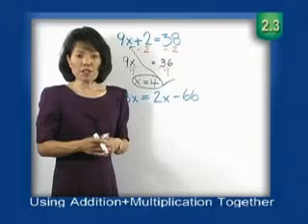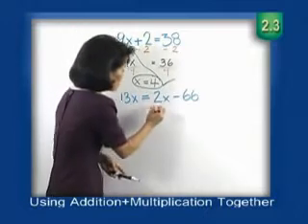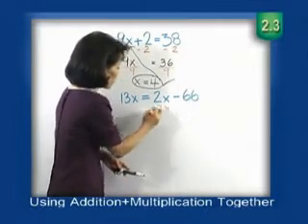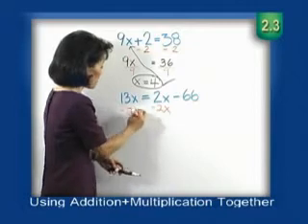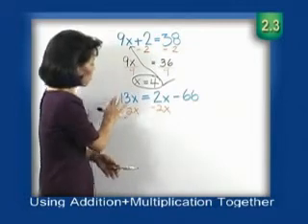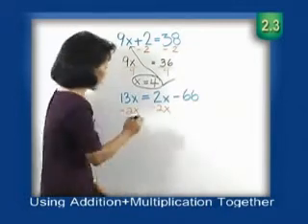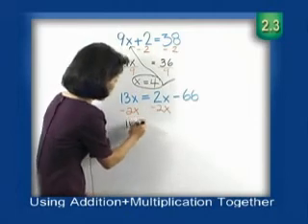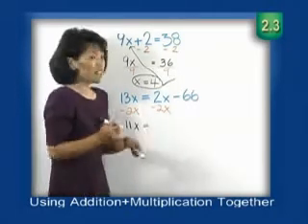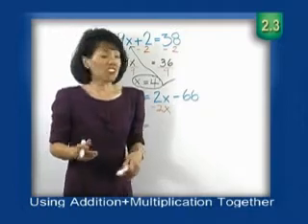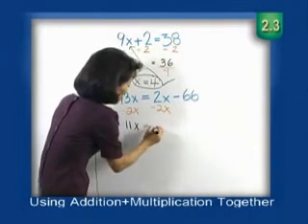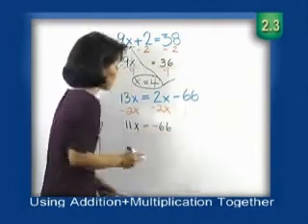Since 13 is bigger than 2, I'm going to subtract the 2x from both sides. So subtracting 2x from both sides of my equation, I have 13x minus 2x, which is 11x, equals 2x minus 2x, that's 0, equals the negative 66 there.